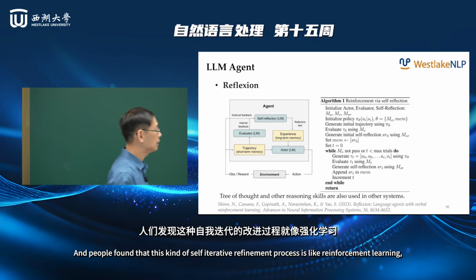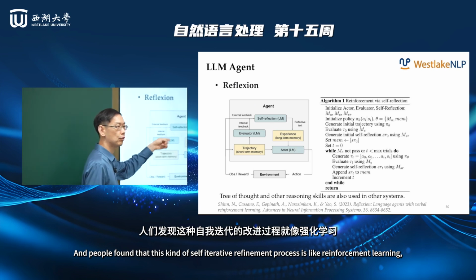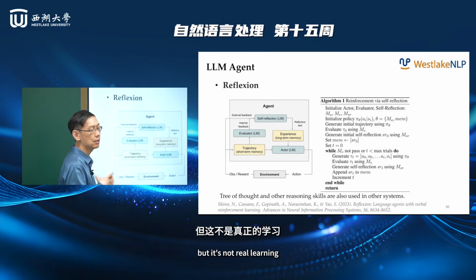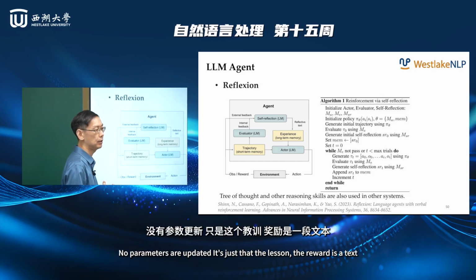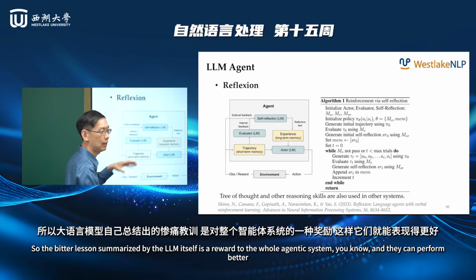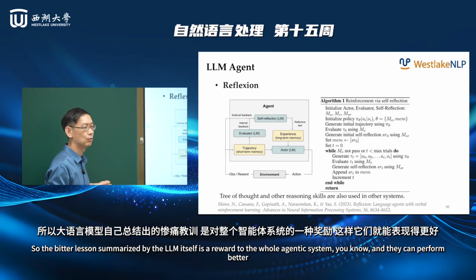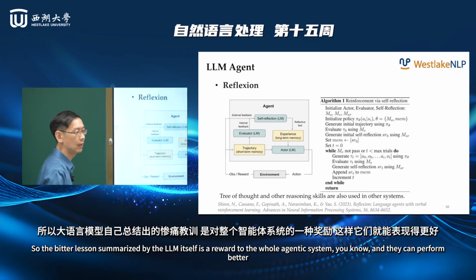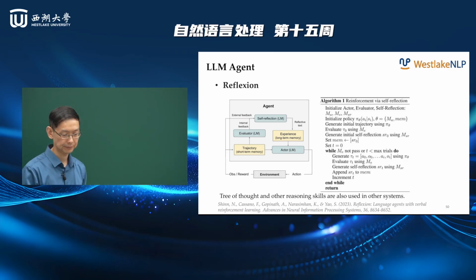And people found that this kind of self-iterative refinement process is like reinforcement learning. But it's not real learning, okay? No parameters are updated. It's just that the lesson, the reward, is a text. So the bitter lesson summarized by the LLM itself is a reward to the whole agentic system, and it can perform better.